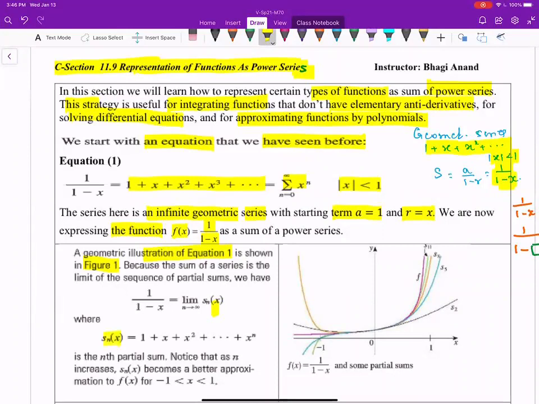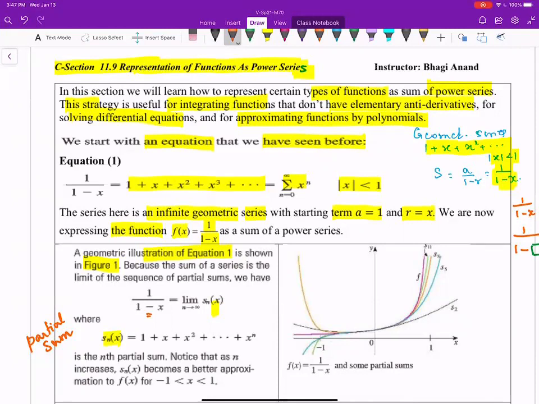The partial sum is the first n terms of the series, so it's 1 plus x squared, etc., up to x to the power n. The limit of this is equal to the sum, which is 1 over 1 minus x.